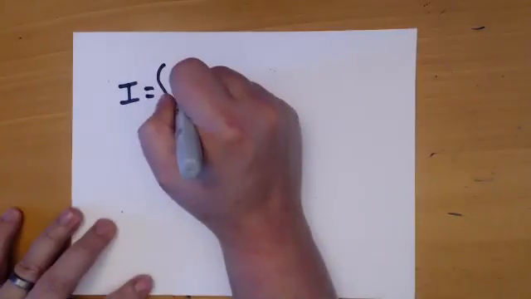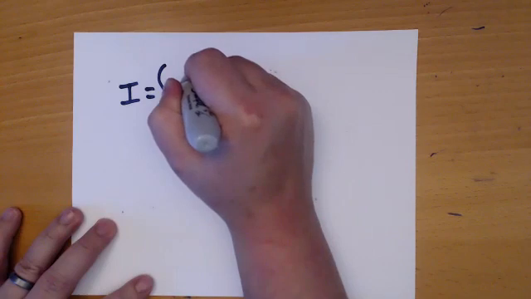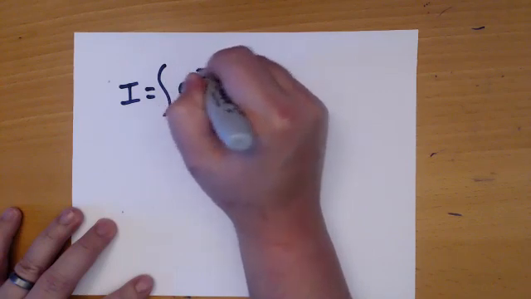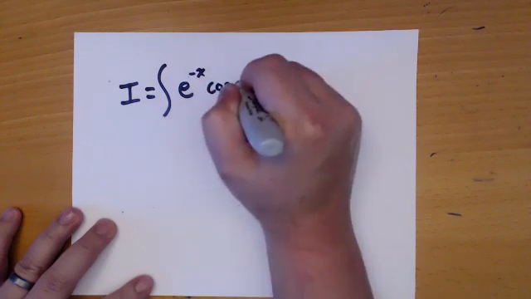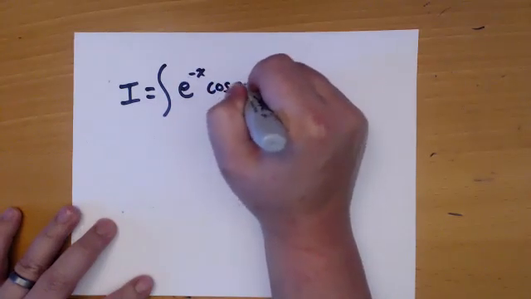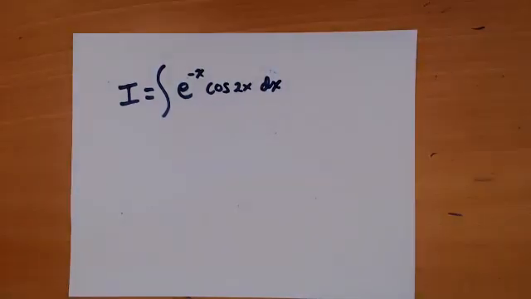So let's do e to the negative x cosine of 2x dx. Now be careful, you're going to be spitting out coefficients, right? Don't lose them. You need them.